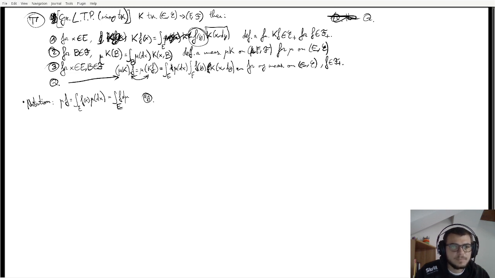For example, if we consider as function the indicator function on, let's call it B, we have that the integral of this function with the measure mu is the integral over E of the indicator of B of x, mu dx.